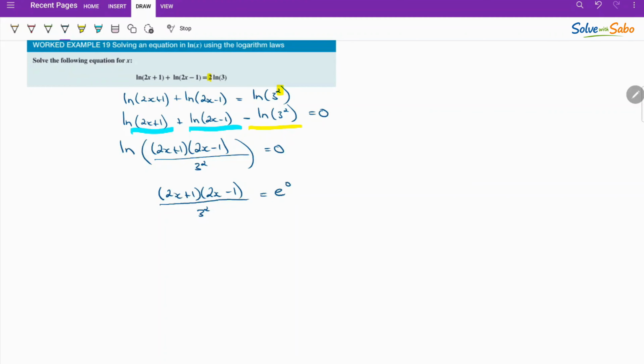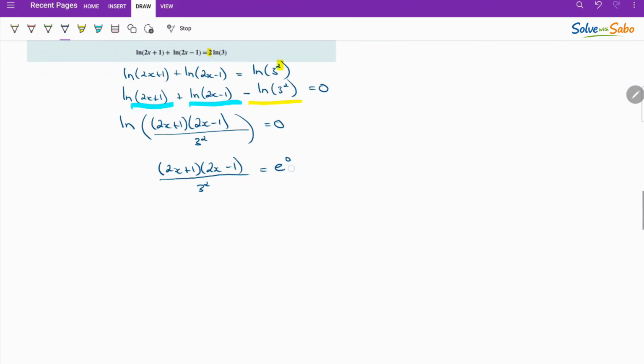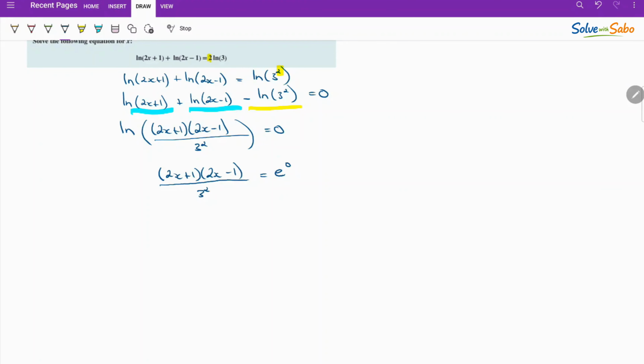And that's going to leave me with an e to the power of 0. So, I'm going to do two steps at once here. I'm still going to have this 2x plus 1 and this 2x take 1. And this e to the power of 0, I'm going to end up multiplying. E to the power of 0 is 1, multiplied by 9, because that's what 3 squared is. So all of that is going to just become 9.